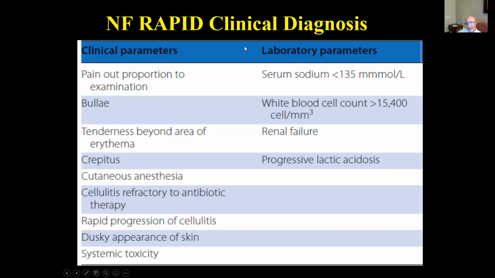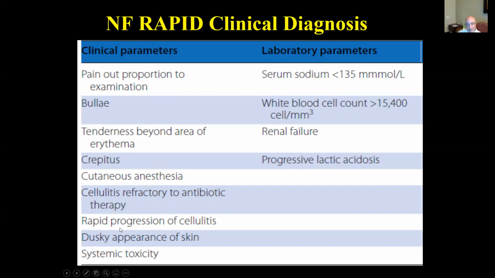It is important to detect necrotizing fasciitis clinically, rapidly. So I would like to emphasize again that the pain is out of proportion to the amount of erythema or discoloration. One should constantly be searching for bullae formation, which is violet in color, with dishwater drainage. The tenderness beyond the area of erythema is quite significant.